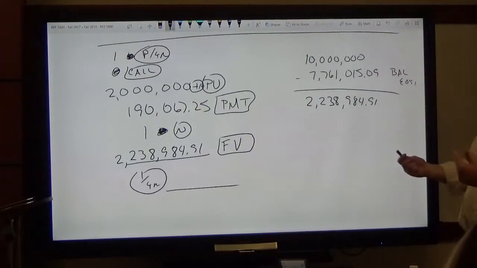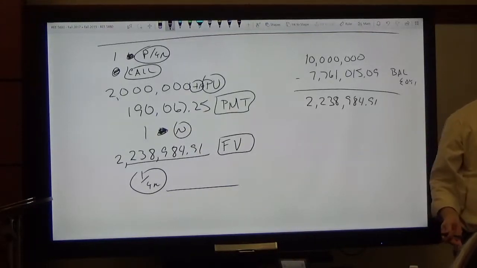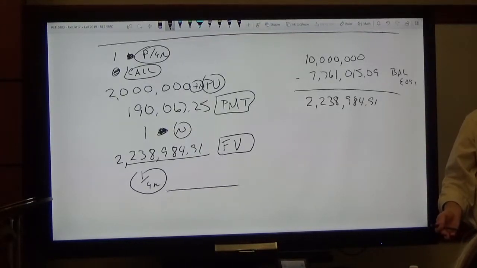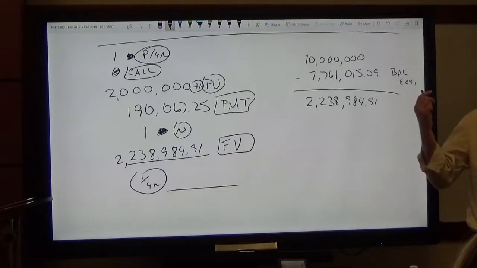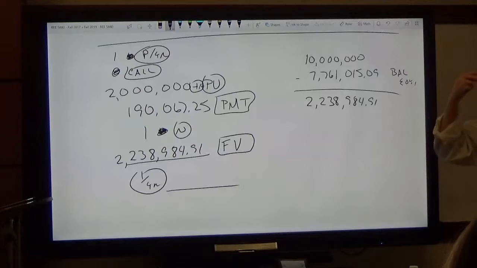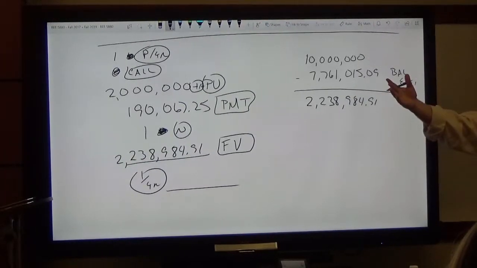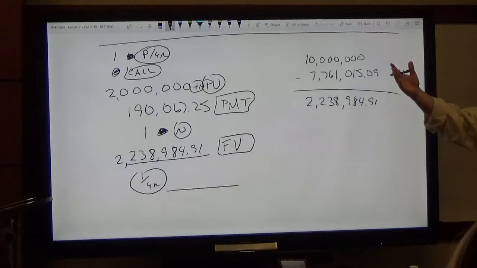Why is it that much more than the $2 million? Because that was the principal that we paid off on the loan over the course of that year. Does everybody remember that number? When we put principal, interest, balance, that was the amount that we've paid off. So in other words, that money for the principal came out of our operating cash flow because we paid our debt service, yes? Does that make sense?